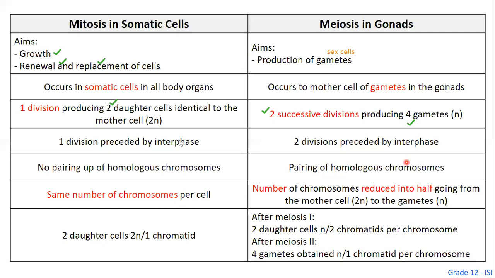No crossing over in mitosis. In meiosis there is crossing over where the homologous chromosomes exchange their DNA. Mitosis gives us 2 daughter cells that are identical to the mother cell. And as I told you, same number of chromosomes in all phases of mitosis.